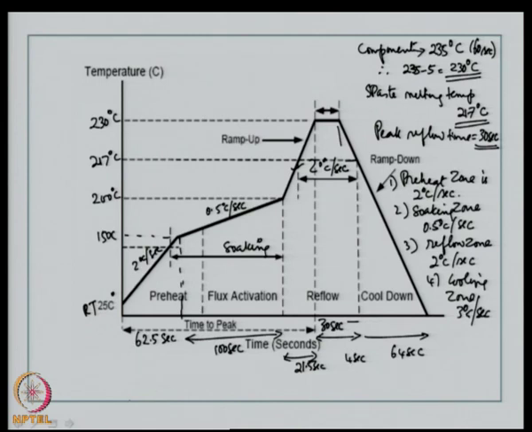So, if you add up the total time requirement from start to finish could be about 275 seconds. So, less than 5 minutes, the entire board is going through the various zones including the cooling zone, and then we can expect that the flux is activated properly, the solder paste is melted completely because of the volumes involved, especially a plastic BGA which is used.